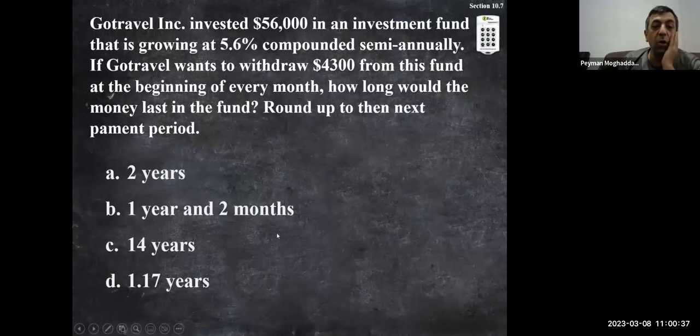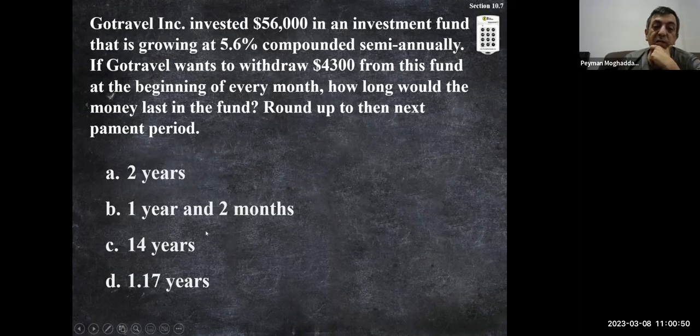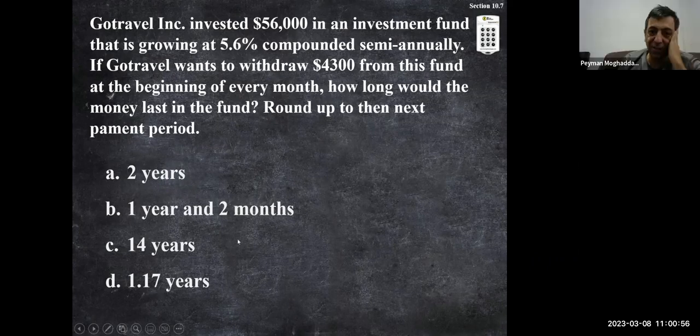1.17. Oh yeah. So you see, round up to the next payment period. That's important. To the next payment period. Okay. So 1.17 years doesn't make any sense though, right? Because you want to pay every month. So 1.17, what the heck is that? You want to round it to months.